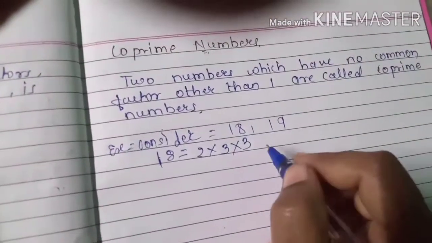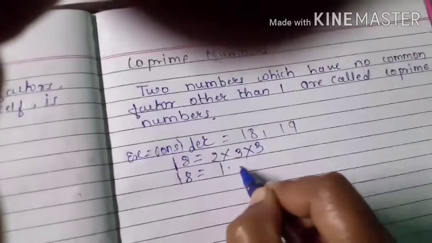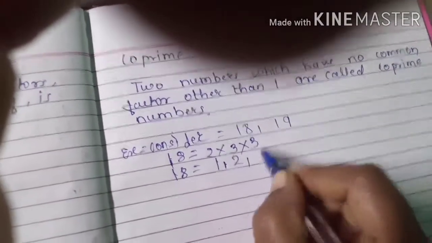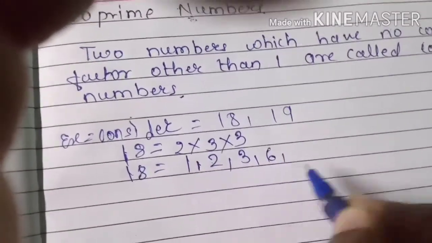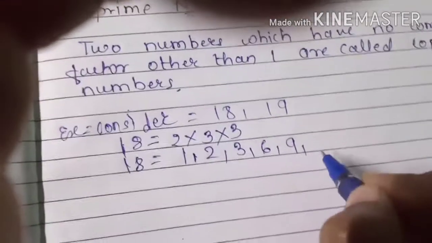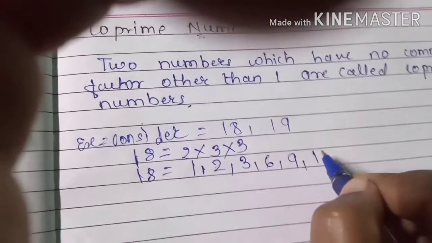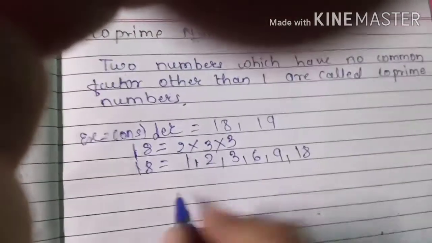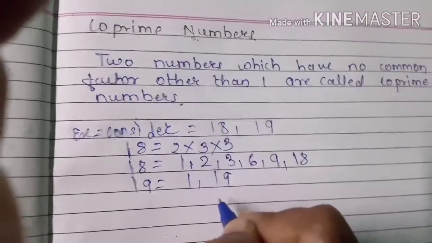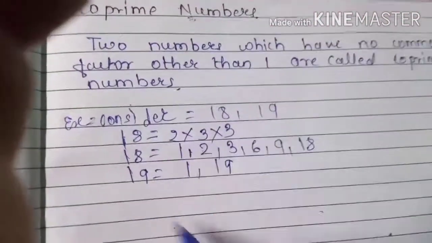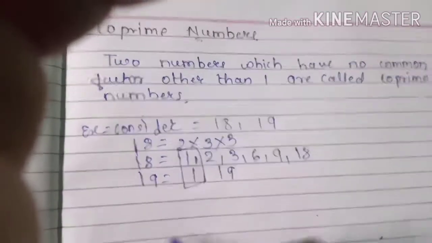This is the factorization of 18 and the factors of 18 are 1, 2, 3, 6, 9, then 18 itself. Okay, then take down 19's factors, that is 1 and 19, as 19 is a prime number. So find out the common factor here. Only 1 is common there.